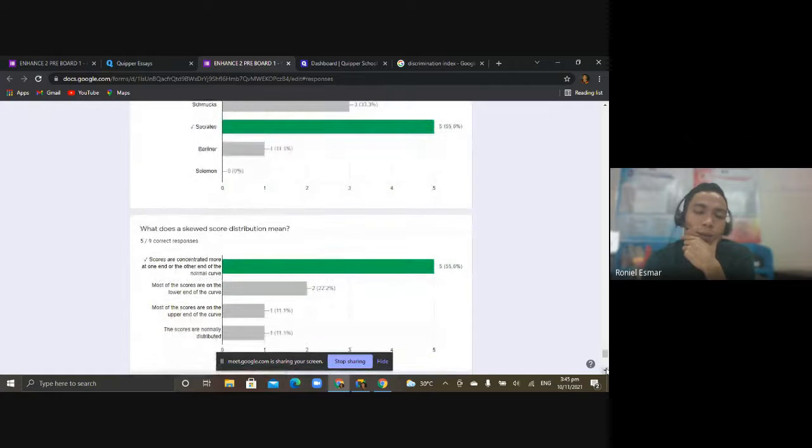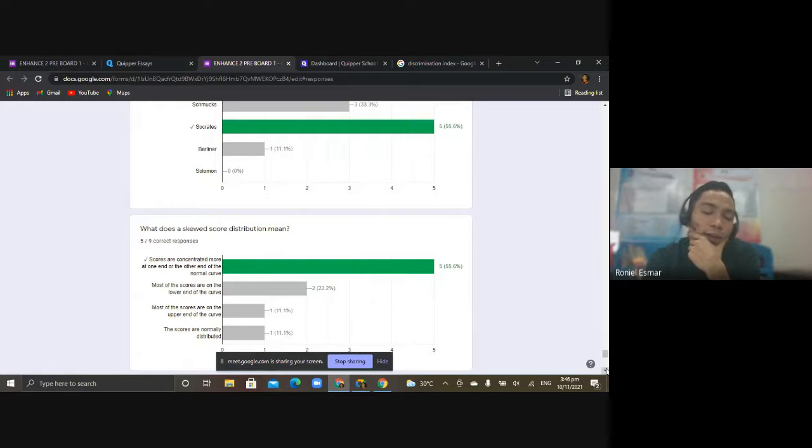Next, what does a skewed score distribution mean? We have positively skewed and negatively skewed, but what does skewed score distribution mean? It means the scores are more concentrated at one end or the other end.